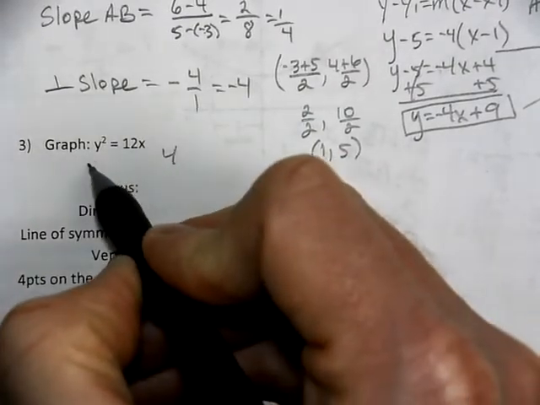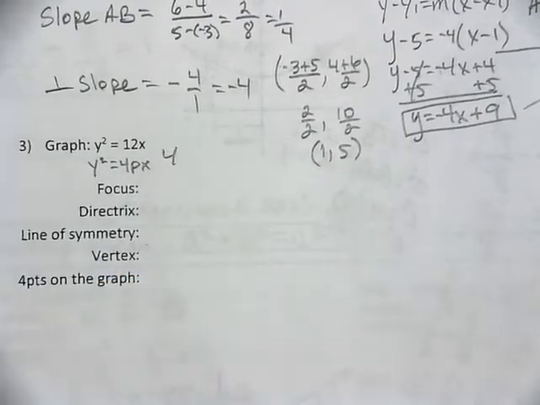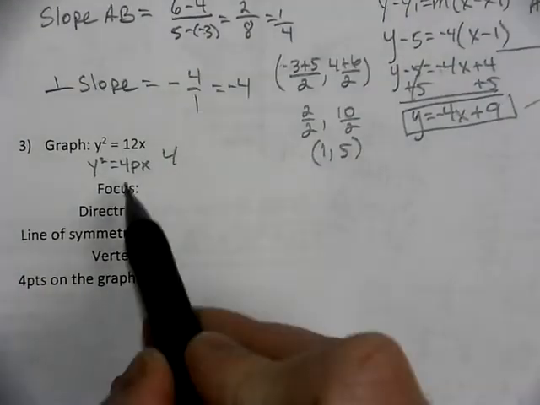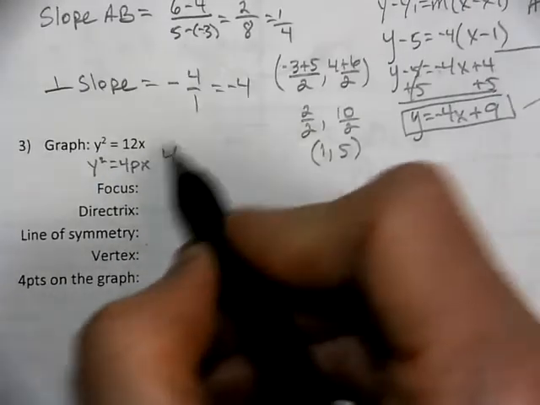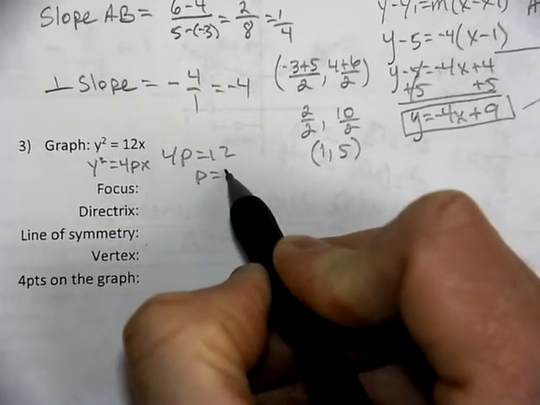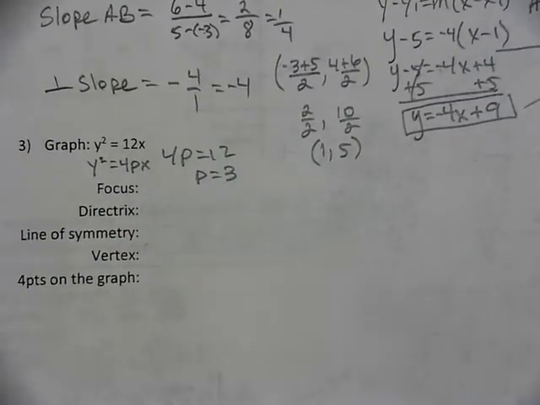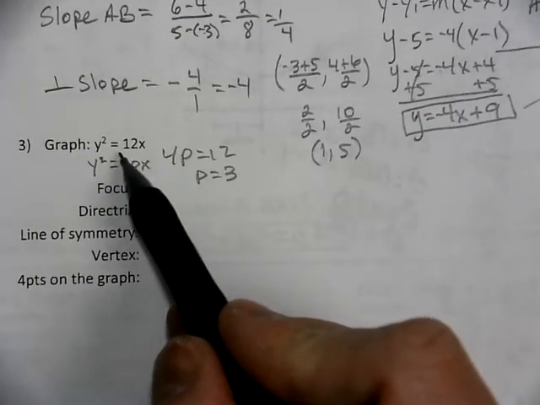4p, remember our equation, general form looks like that. So the y squared, the x, the 4p is the 12. So 4p equals 12, so that means p equals 3. There's no parentheses, so there's no translation.